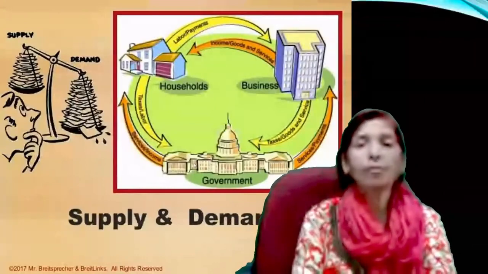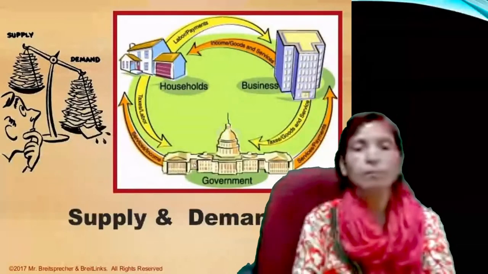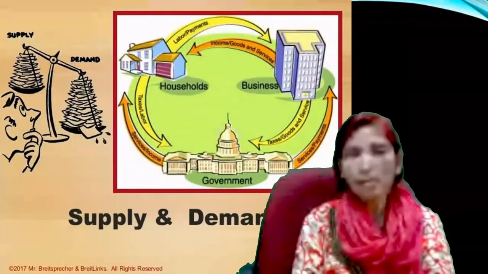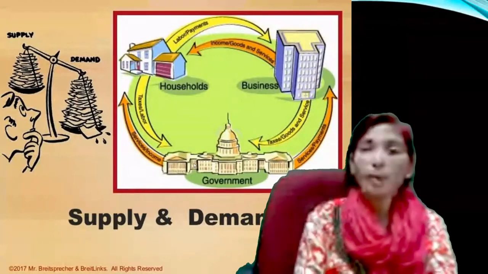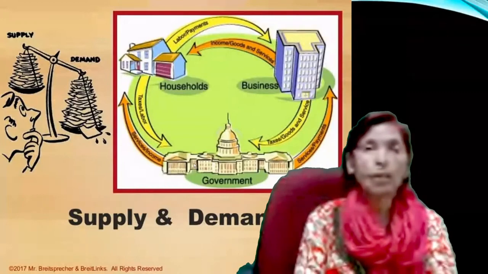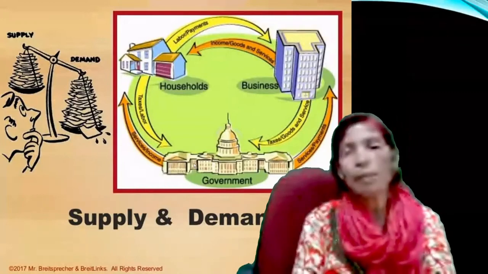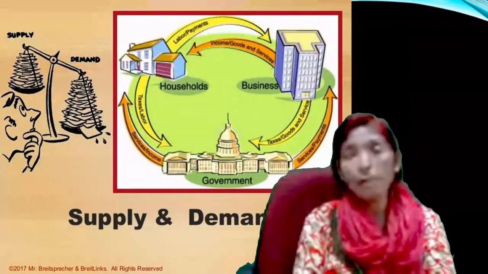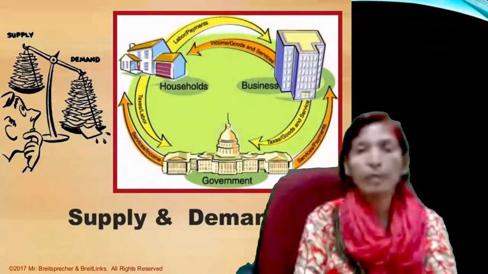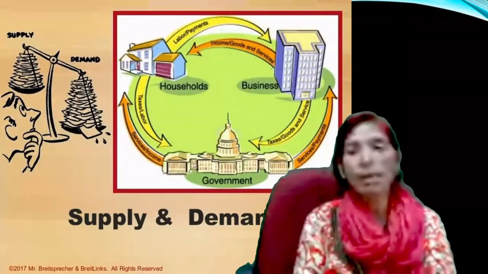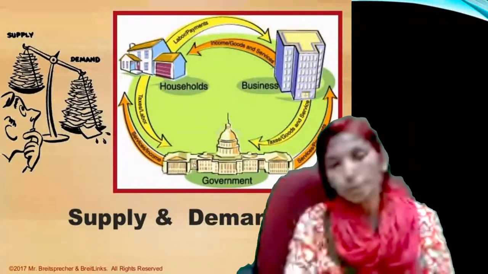We offer factors of production to the firms so that firms can produce goods and services for us. And government at present plays a very important role to manage and control the whole of economic activities and to maintain stability in the price level. To maintain stability in an economy, government plays an important role.